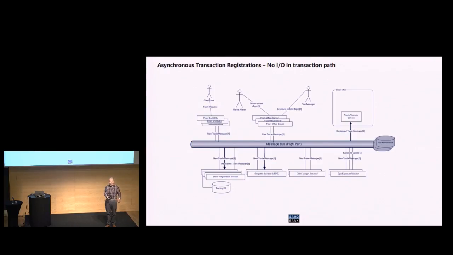I mean, that's always a balance. But essentially, in this case, the client makes an order or a trade request, it hits some front-end, Open API or whatever, that generates a new trade message that is essentially a single write on the network in an optimized binary format.